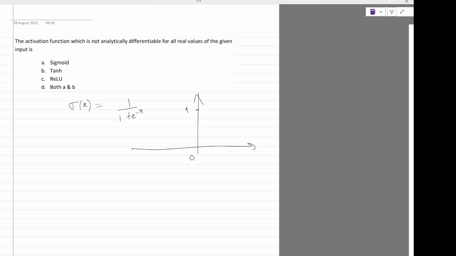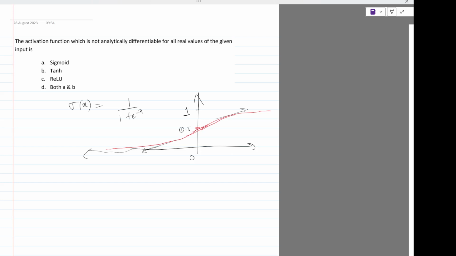The range is 0 to 1. So sigmoid is something like this, right? It is smooth and goes through 0.5. And this is sigmoid. So by looking at the graph, you can say it is differentiable at all points. The gradient is the tangent.